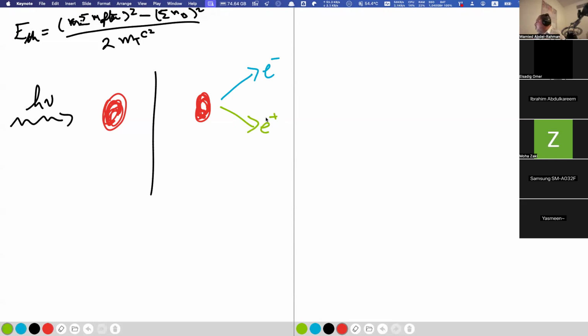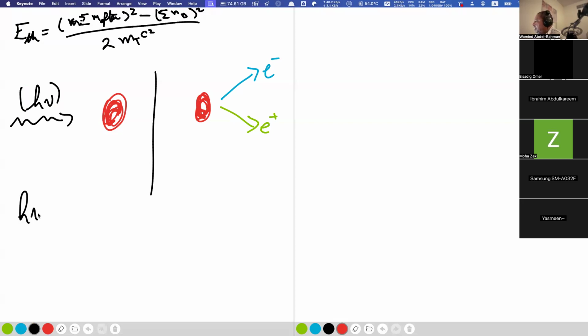So this is some sort of a nuclear reaction. Then how do we calculate the threshold? We all know that the threshold has to be greater than 1.022 MeV. But based on this formula, this is how the threshold energy is calculated. So we apply this equation.